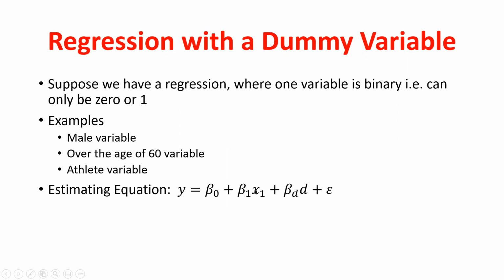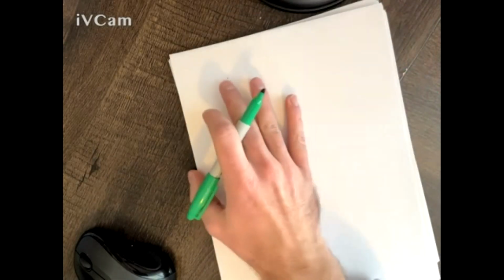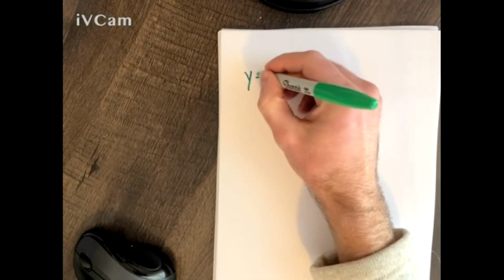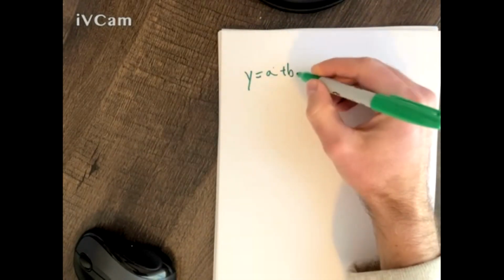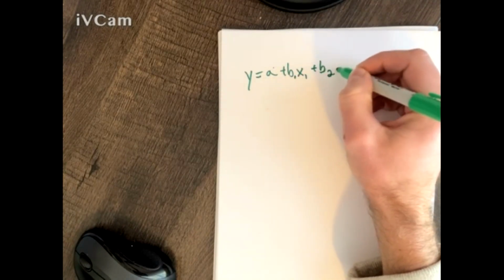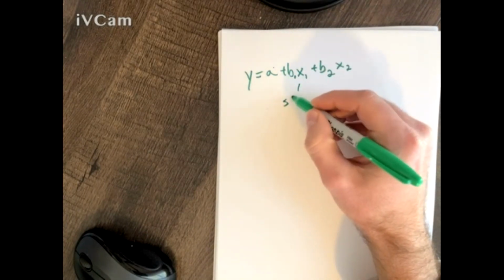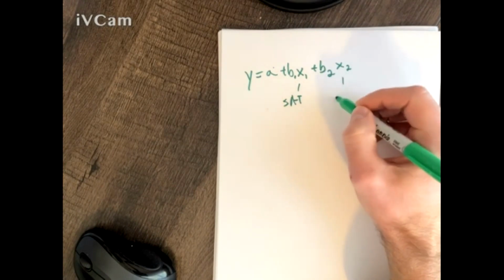We could write it differently to identify it as a dummy variable, but usually we just write it as whatever the variable is, whatever that variable X represents. You don't have to write it as D. You could still write it as, let's say, X1 is the SAT of the individual, and here X2 was athlete.